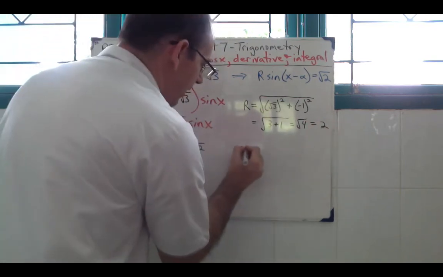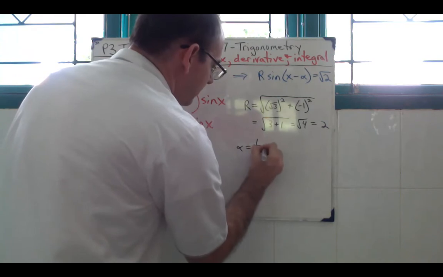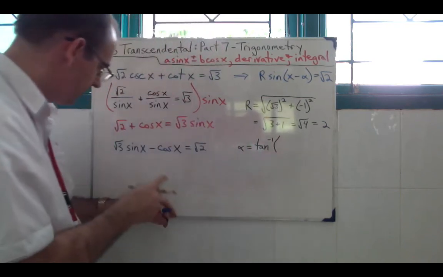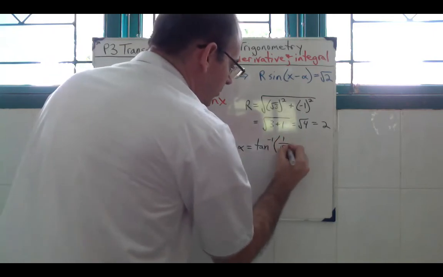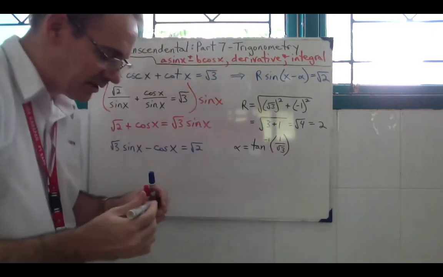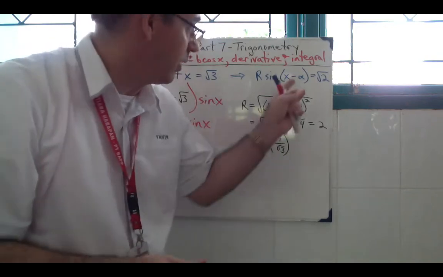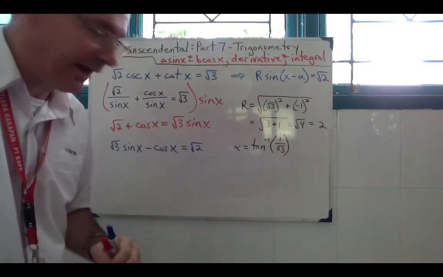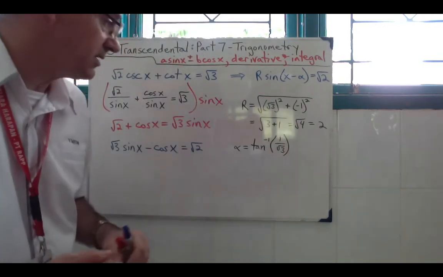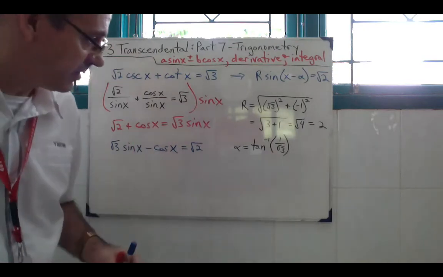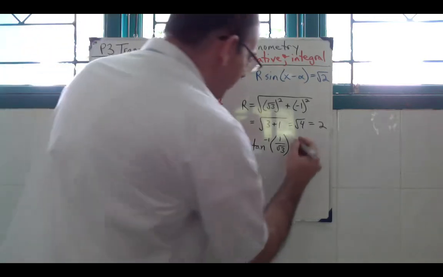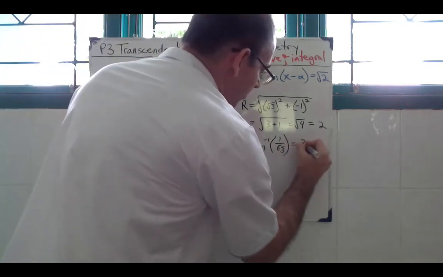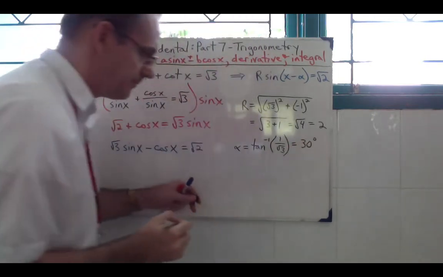And then our alpha is the inverse tangent of b over a, 1 over root 3. You don't need the negative sign because we only want a first quadrant answer, which is the positive quadrant for all the trig functions. And when you do inverse tangent of 1 over root 3, you get 30 degrees.